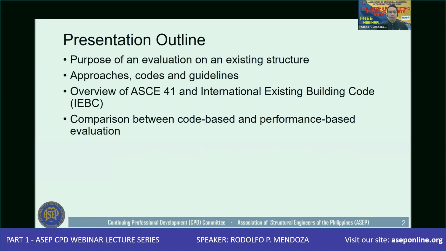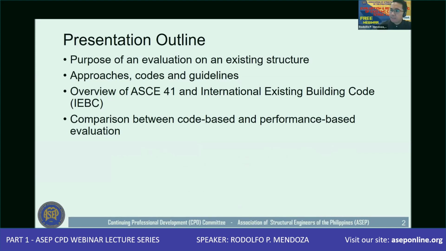So the outline of my presentation for this afternoon would be as follows. First, I would like to discuss the different reasons why we want to conduct a structural evaluation on an existing structure, followed by some of the approaches, codes, guidelines, and standards in conducting these evaluations.